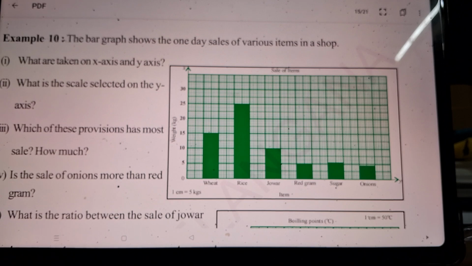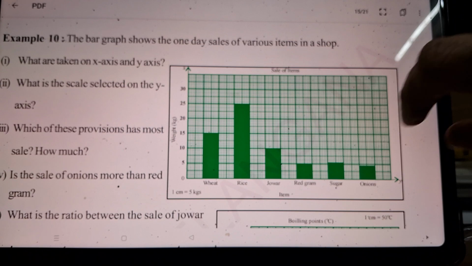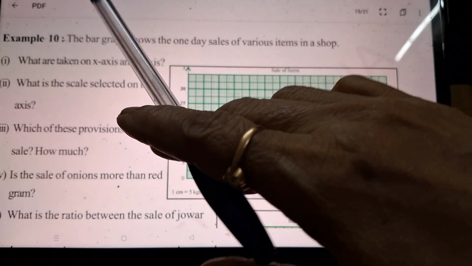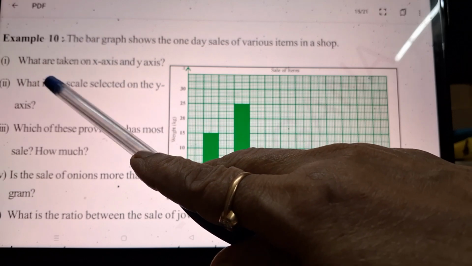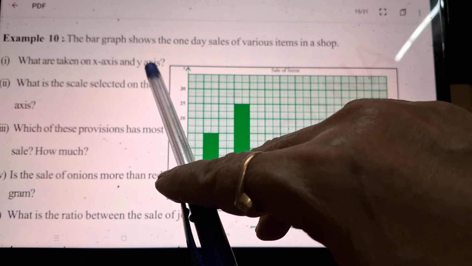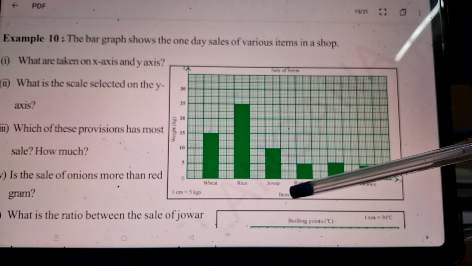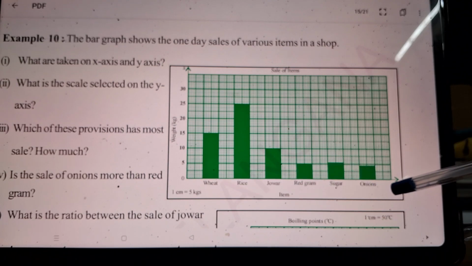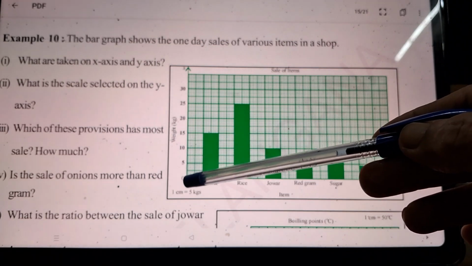Now we are going to talk about the first question. What are taken on x-axis and y-axis? What are taken, children, on x-axis? You have got the items sold, and on y-axis you have got the weight of the items sold.